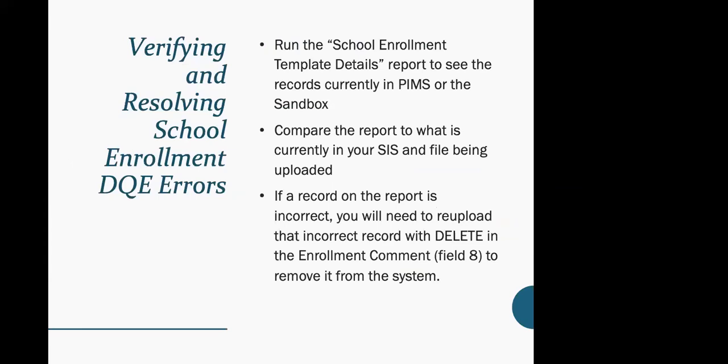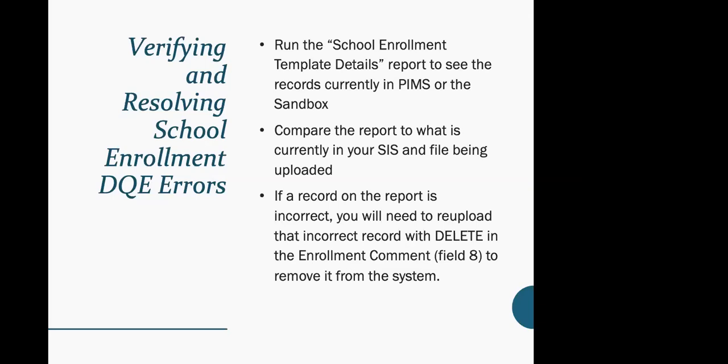School enrollment, that is the one that's going to get you the most and drive you the most crazy. Because if somebody put in an enrollment prior to this upload and then changed it, it's going to conflict. All right. And that requires you to do something about that. And it requires you to make sure that you're looking in all possible areas to see why it is erring out for you.